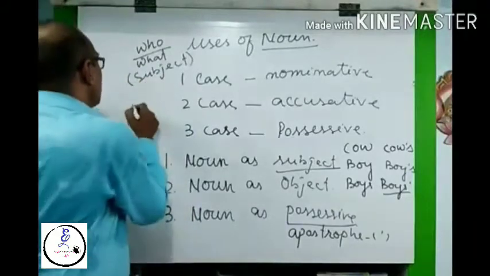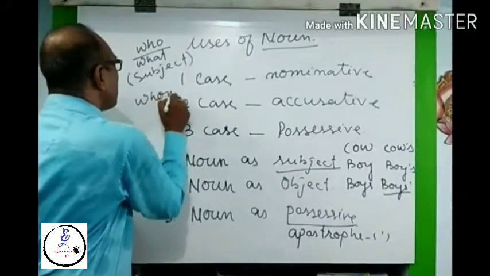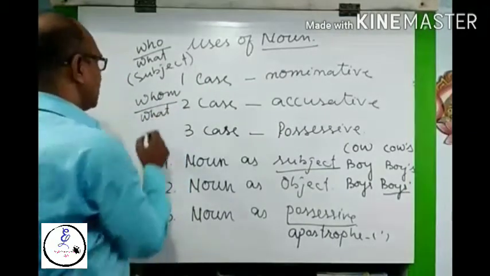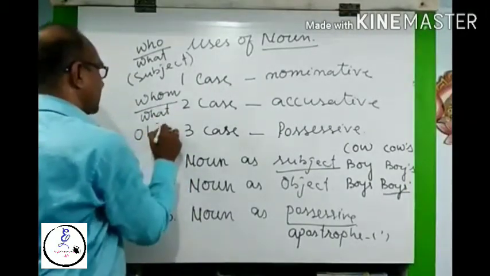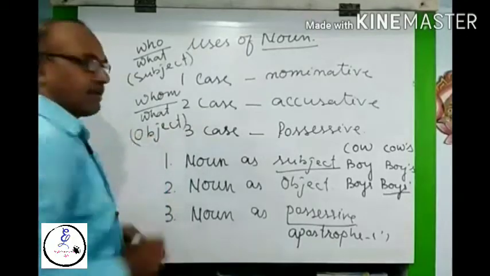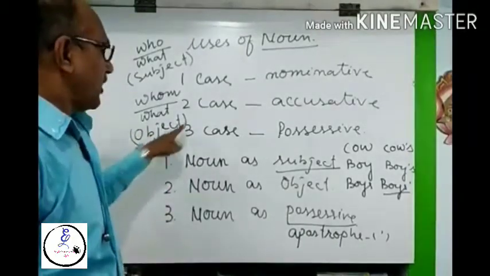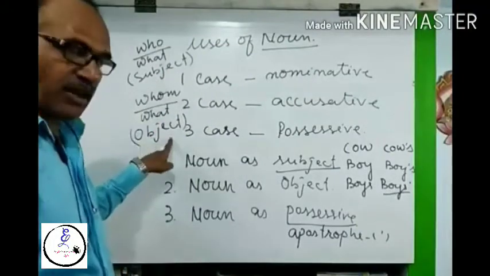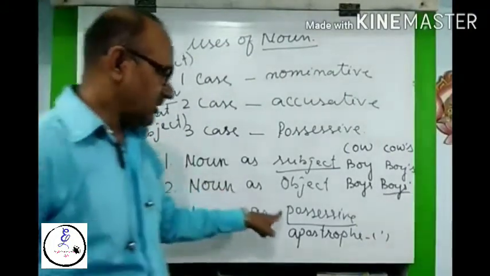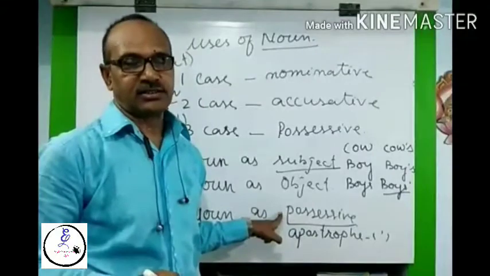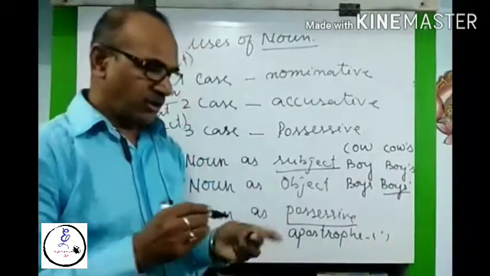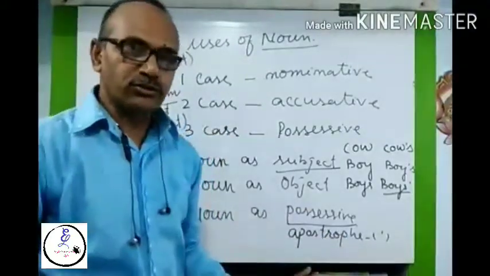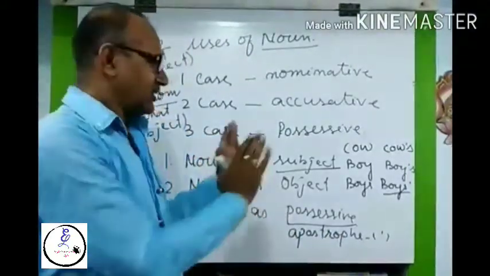Then with whom or what, we get the object. So the noun can be used as a subject, as an object, or as a possessive in the sentence. This is the use of noun, and there is no other use other than these three ways.